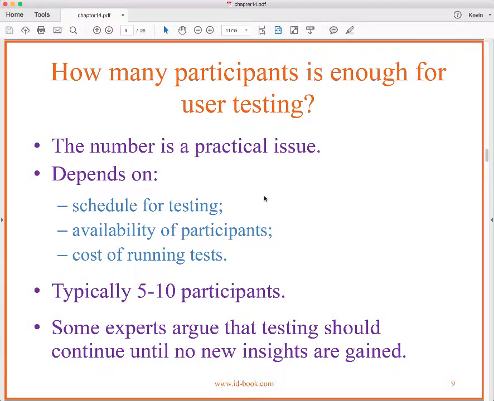The question is, what's your budget? Okay, and again, are you doing this to inform a systems design and development activity, or are you doing this for publishable research?